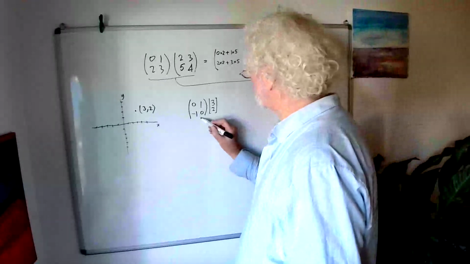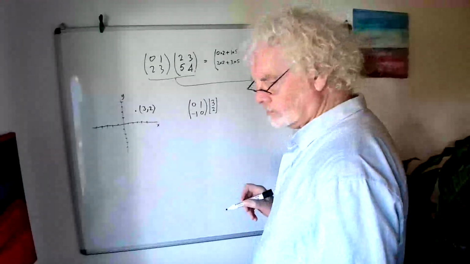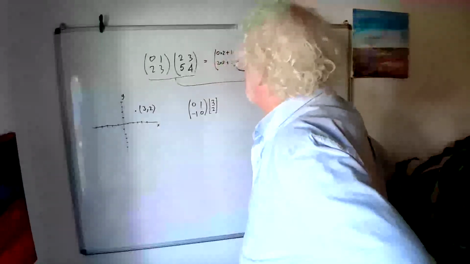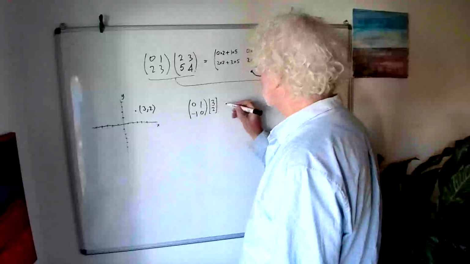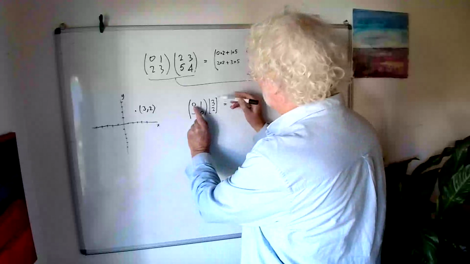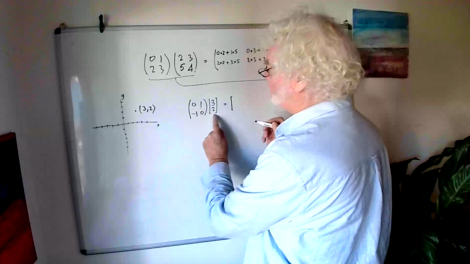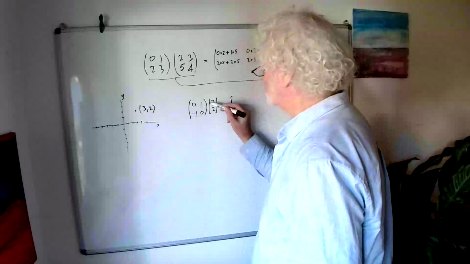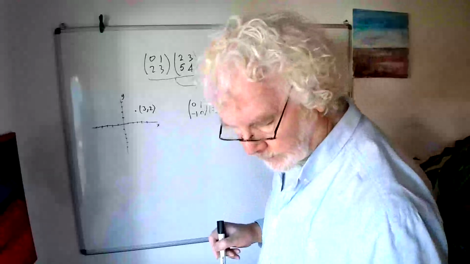This is the matrix, and this is what we call a vector, a column vector. When I use this acting on this vector, this is what we get. I've put the vector in square brackets. Not everybody does that. A lot of people use rounded brackets, but I just like to use square brackets for vectors.